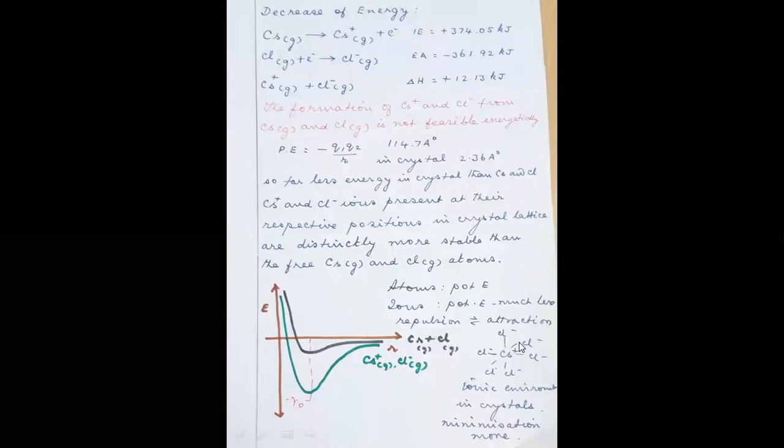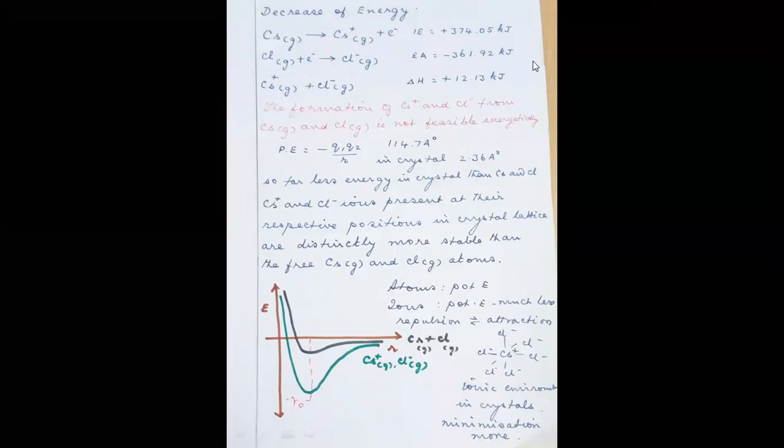One cesium ion is connected to one chloride ion. Suppose the coordination number is 8, one cesium ion will be surrounded by 8 chloride ions, and one chloride ion will be surrounded by 8 cesium ions. So 8:8 gives 1:1. The molecular formula will be satisfied. So this is how the ions are present in the solid state in the crystalline structure.